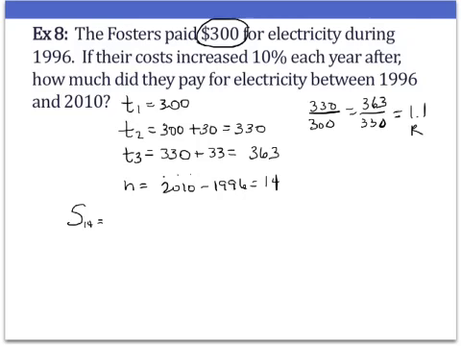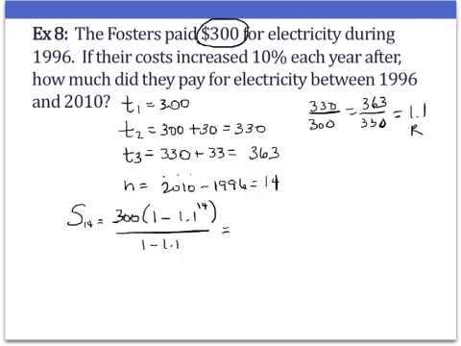Alright, so we will have our first term, and then 1 minus my ratio raised to the 14th power, and then 1 minus my ratio again. Now I'm actually going to put this whole thing into my calculator at one time.